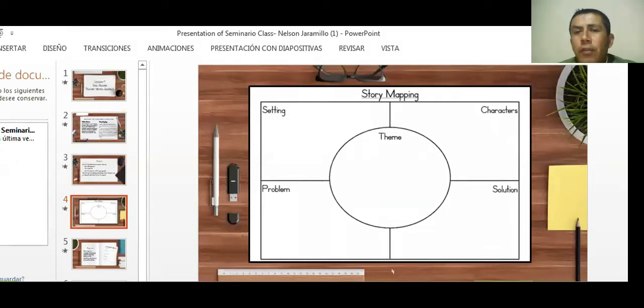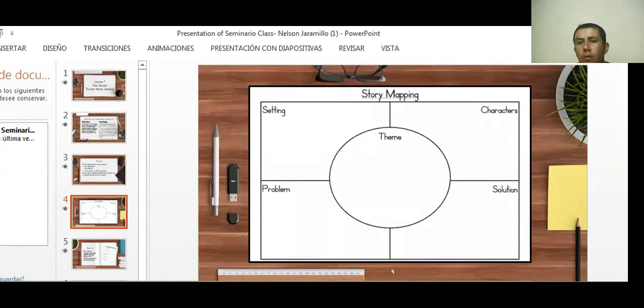So, you have to consider where and when this event took place, and over what period of time. In this case, the island where Medusa lived and the mysterious lands where the Graeae lived. Let's take a look at the problem in this story.